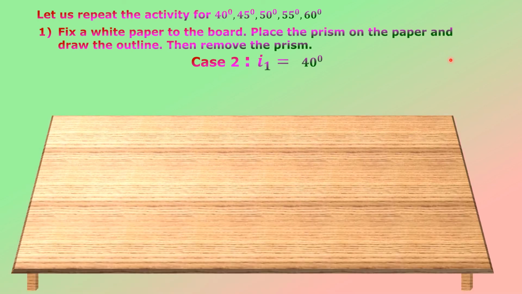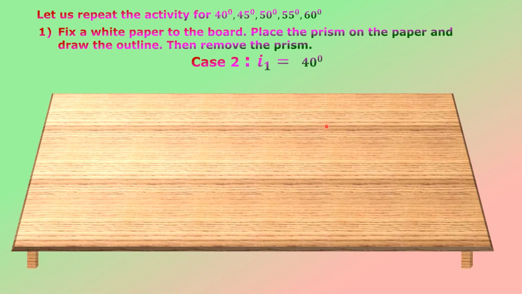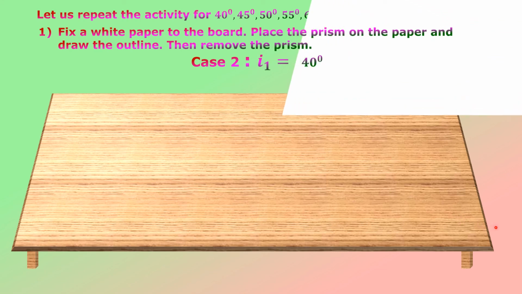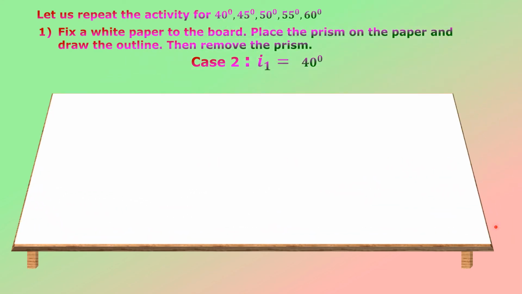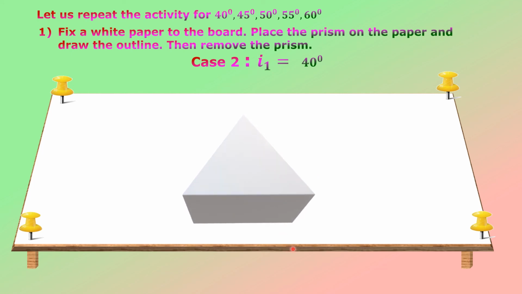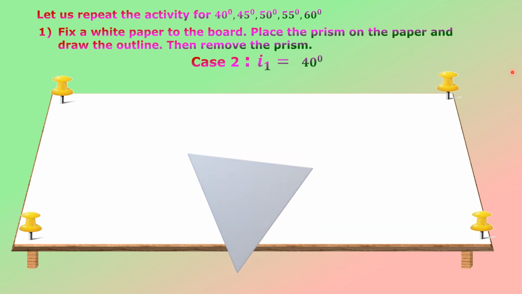This is the drawing board. I am fixing a paper over it by drawing pins. And this is the prism, a triangular prism. Around this prism, I will draw a line.